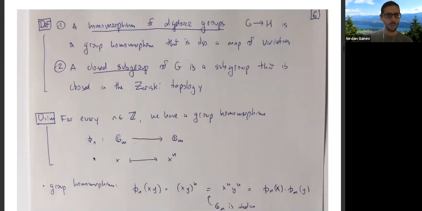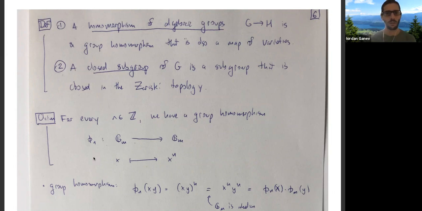I want to mention something, somebody asked about what the morphisms are. A homomorphism of algebraic groups from G to H is a group homomorphism.